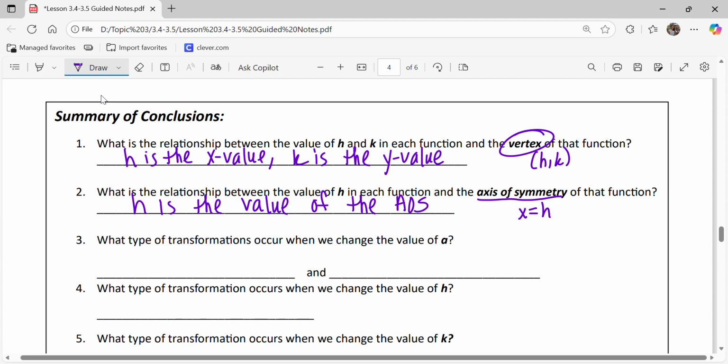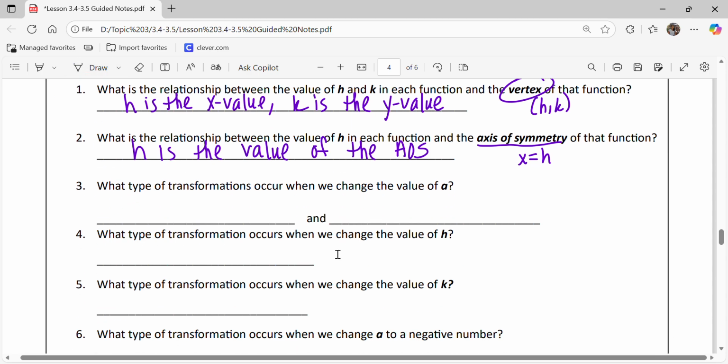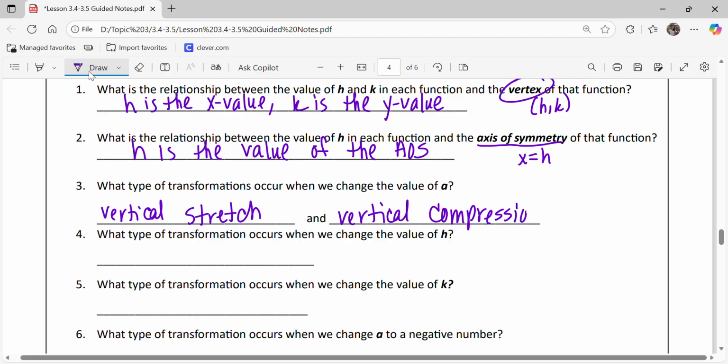What type of transformations occur when we change the value of A? It would be a vertical stretch and a vertical compression. What type of transformation occurs when we change the value of h?